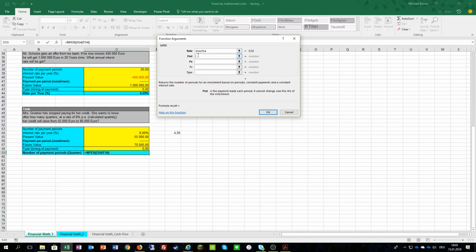We still have no regular payments. We have a present value, we have a future value, and we have a type, and again the type is of no use. And again, we need to make sure that something is positive and something is negative.